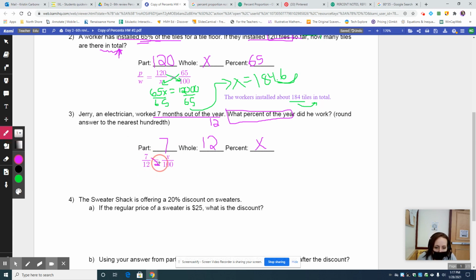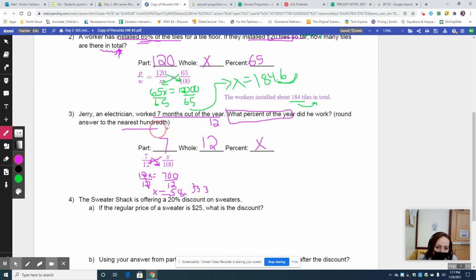7 times 100 is 700. X times 12 is 12x. And we get the equal sign in between. Then we divide both sides by 12. And we get x equal to 58.3 repeating. So 0.333.